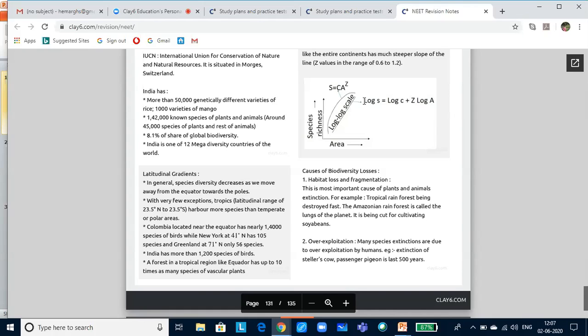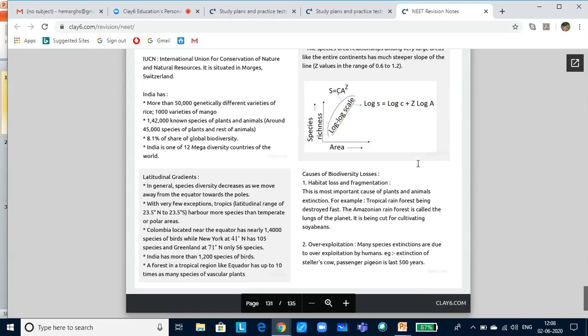India, with much of its land area in the tropical latitudes, has more than 1,200 species of birds, and the tropical American rainforest in South America has the greatest biodiversity on the earth. So this can be a question: it is the tropical Amazonian rainforest in South America that has the greatest biodiversity.